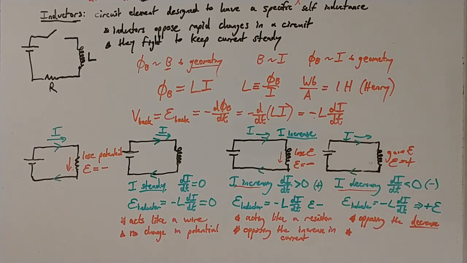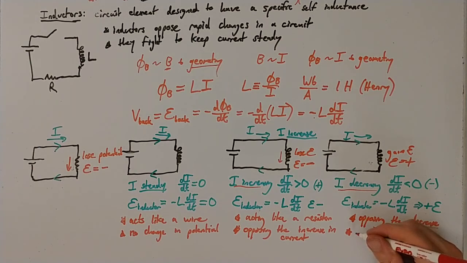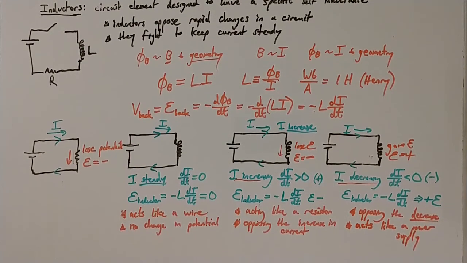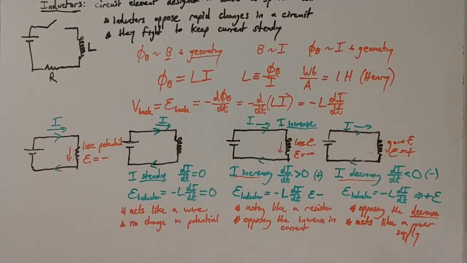It's trying to pump more current into the system. And so we could say that it's basically acting like a power supply. It acts like a power supply. It's trying to supply additional current to the system, because if the I is decreasing, it says, no, no, no, I don't like that.